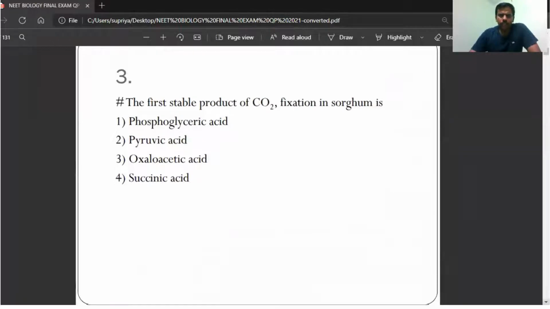Question number 3: the first stable product of CO2 fixation in sorghum is. In sorghum, first we need to find out what type of plant sorghum is, either a C3 plant or a C4 plant.